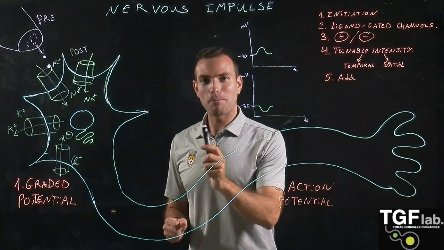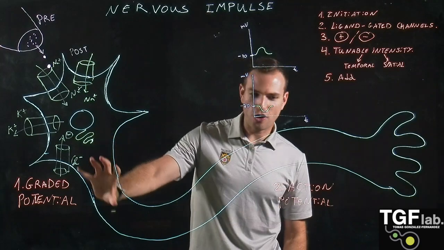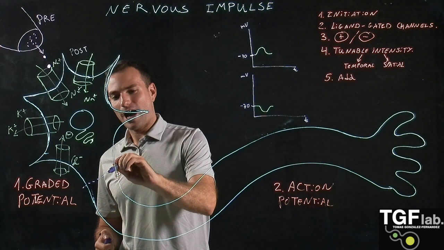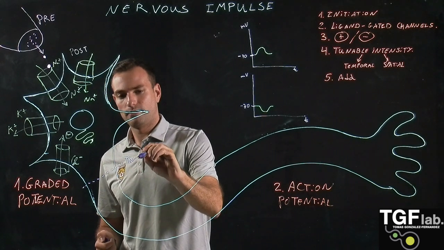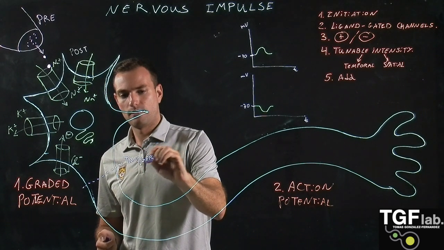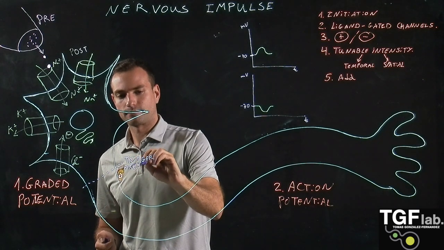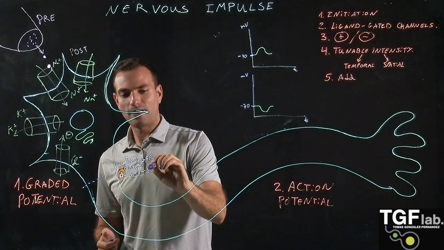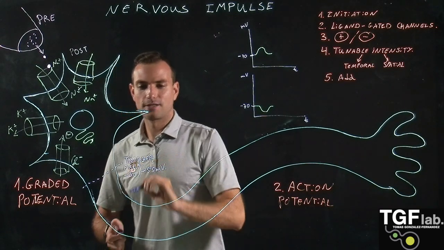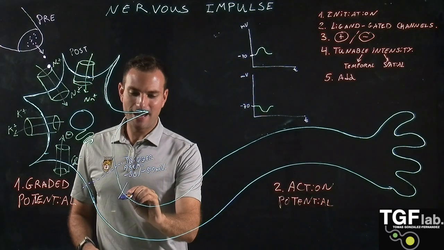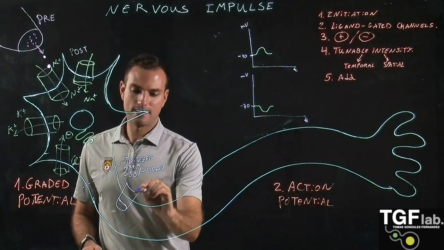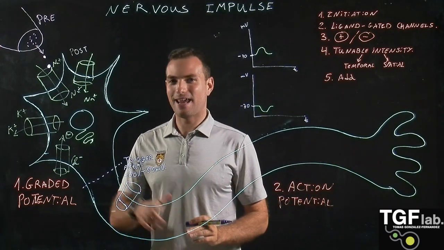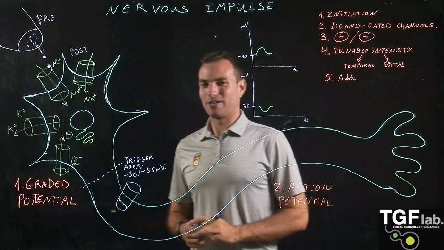This is very important because in order to start the conduction phase, the action potential phase, here at the trigger area, we need around -50 millivolts in order to activate these voltage-gated channels that are going to start conducting the potential to the axon terminal.